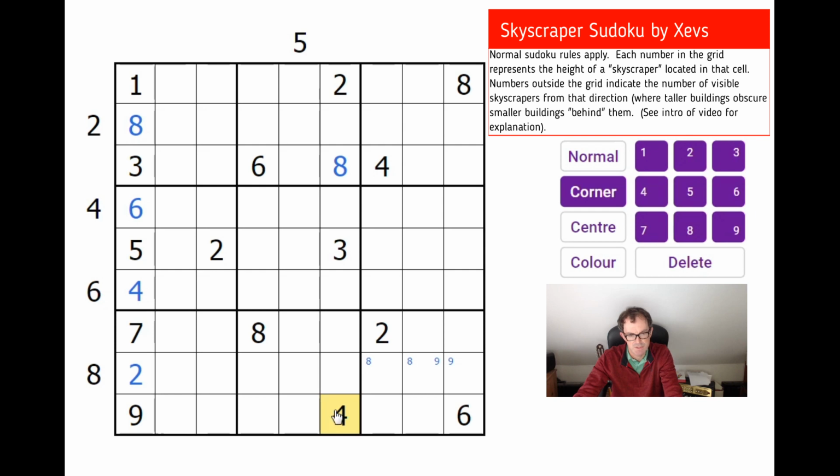This 4 gives us a bit more information, because I suppose one way of thinking about all of these clues is that we need a strict ascending order of the numbers that we haven't used yet. So what do I mean by that?